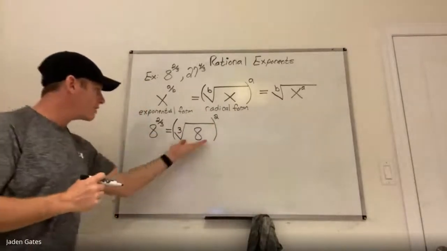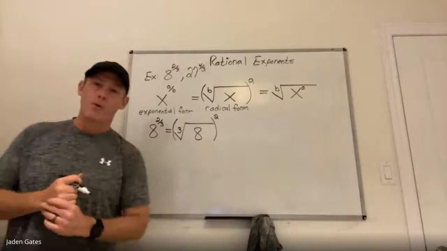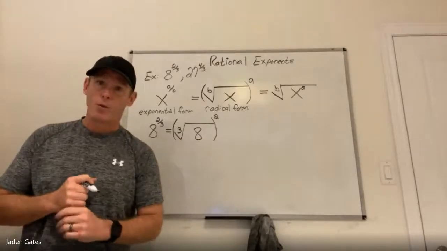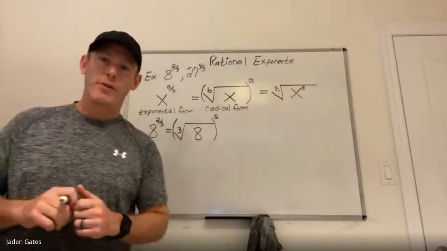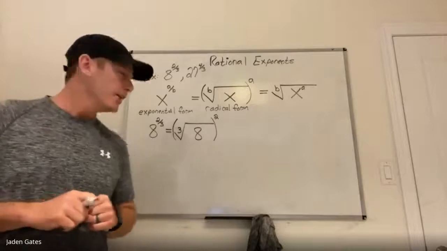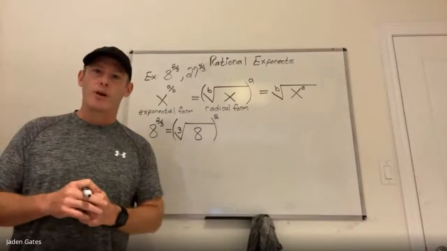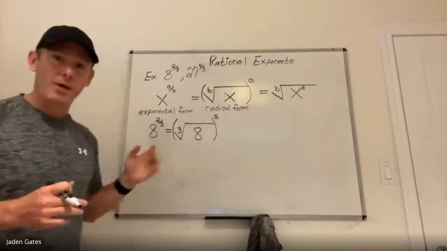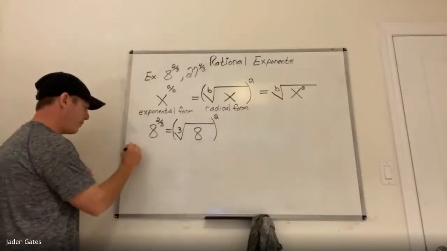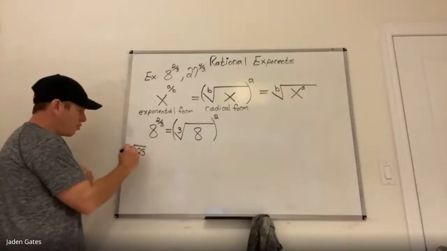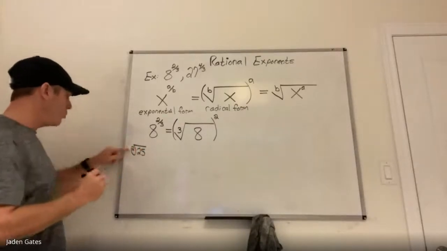Now inside here, what I'm looking for is the third root of 8. You have always found the square root of 8. Now we need to find the third root of 8. With the square root, the question was what number times itself would give you that number. If you have the square root of 25, there is an assumption that there is a little 2 in there.